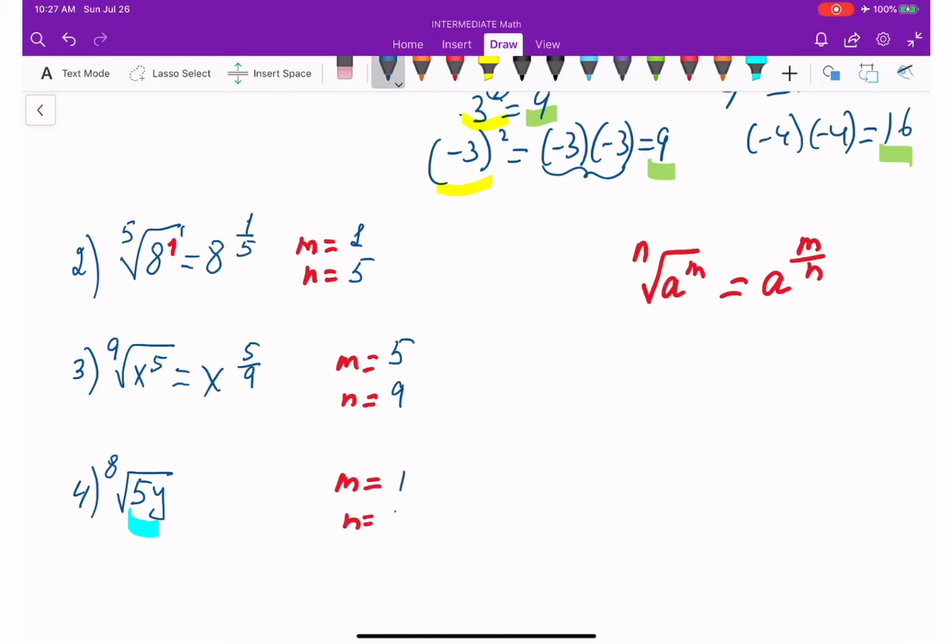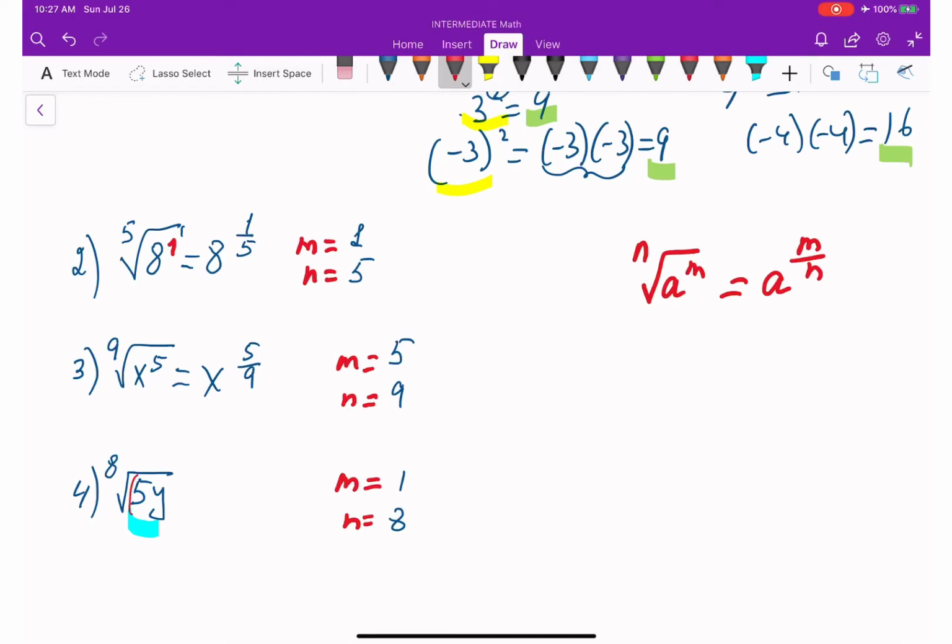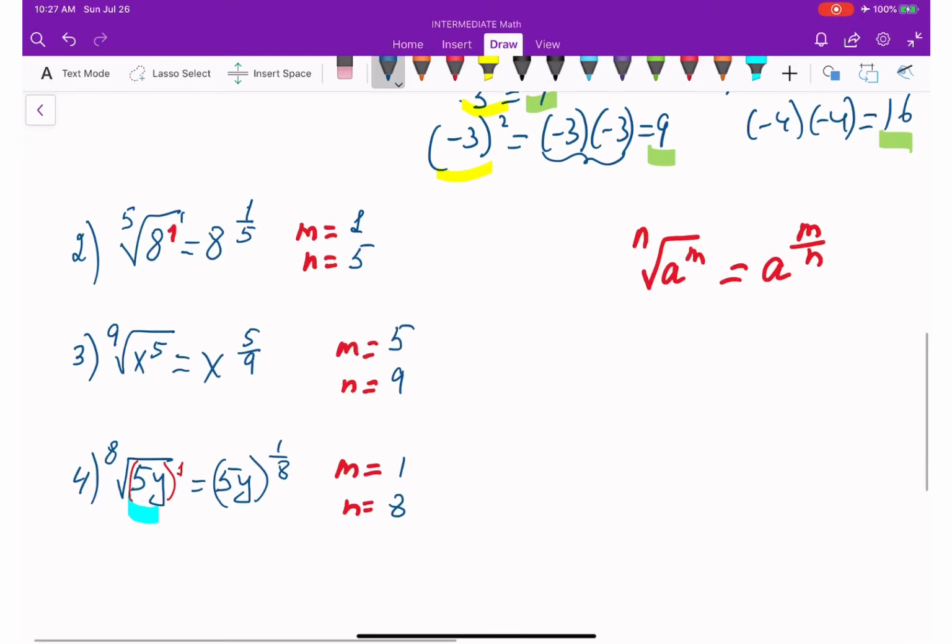N is degree 8. So when we say degree, the m is degree 1, I don't mean only y, 5 also. So I'm going to put this in parentheses, so you will see. And put here 1. Therefore, 5y in parentheses to power 1 over 8. Okay? Next one.